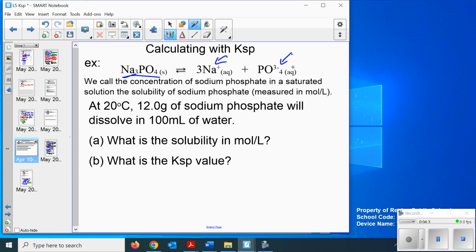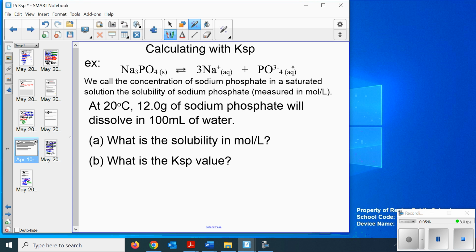Call the concentration of sodium phosphate in a saturated solution the solubility of sodium phosphate. You can't dissolve more than that. And that's always at a certain temperature, but we're going to just assume I'm giving it to you at room temperature-ish. I'm saying 20 degrees. Room temperature varies, but it's generally around 20.